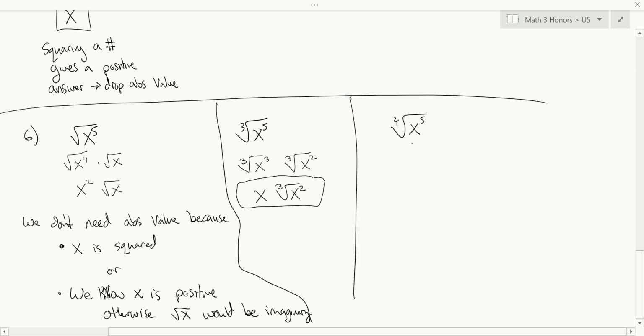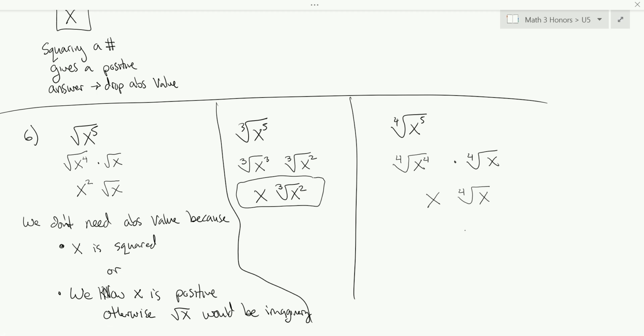Okay, how about this one? We got the fourth root of x to the fourth times the fourth root of x. What's the fourth root of x to the fourth? X. And then the question is, do we need the absolute value or not? So we don't have the x being squared, right? But what about this?